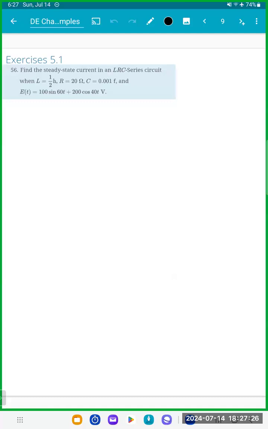Okay, the last example out of this section I have for you is trying to find the steady state current of an LRC series circuit, given the information that we have here.